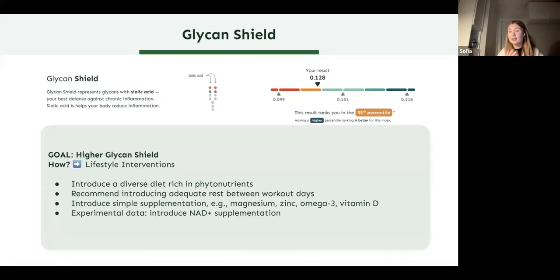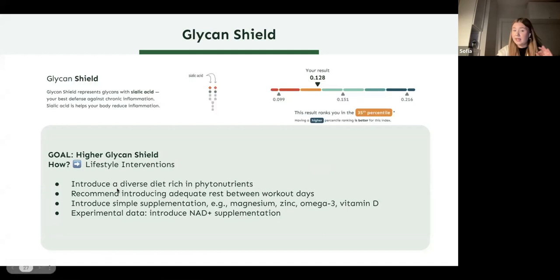As Professor Tim Spector always says, around 30 different plants would be amazing for your patient and for their diet. We would also recommend introducing adequate rest between workout days, so definitely not working out all the time or every day.